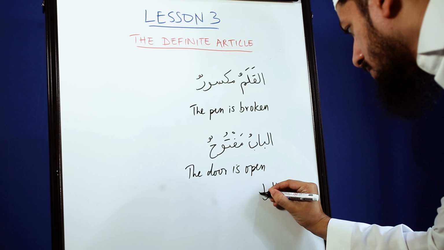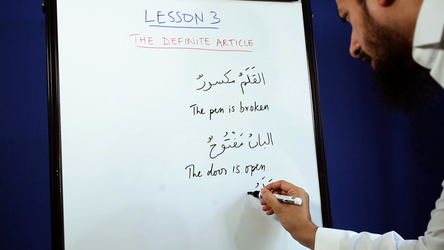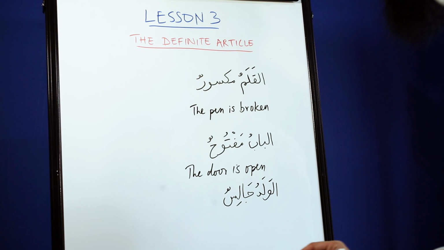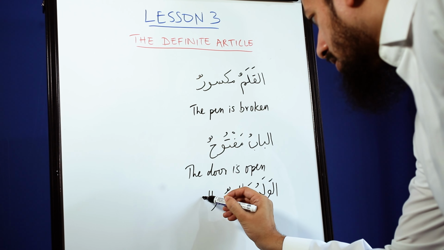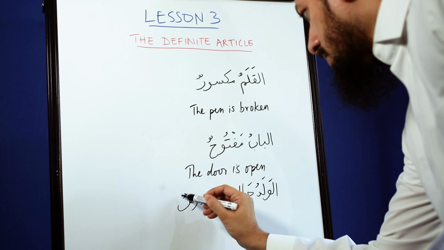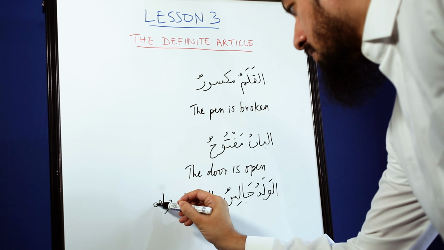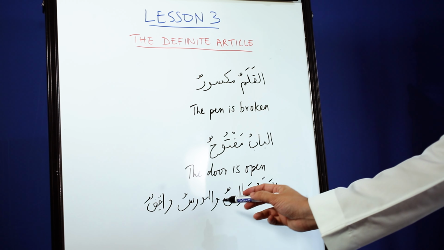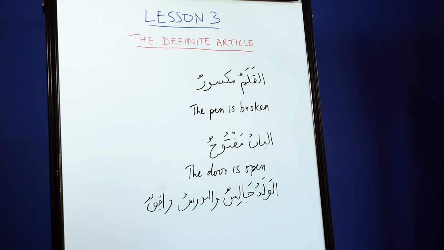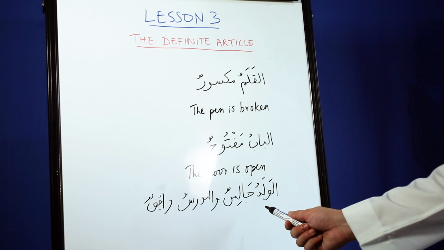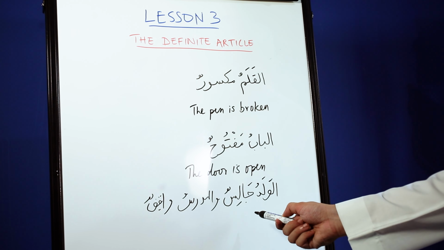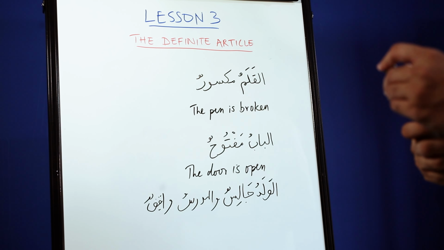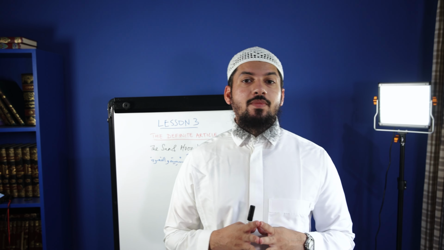Al-waladu jalisun, الولد جالس، والمدرس واقف. The boy, الولد, the boy, جالس is sitting, and the teacher, المدرس, is standing, waqifun.